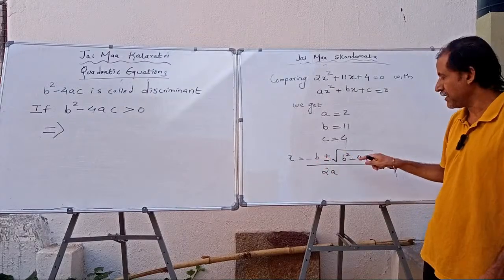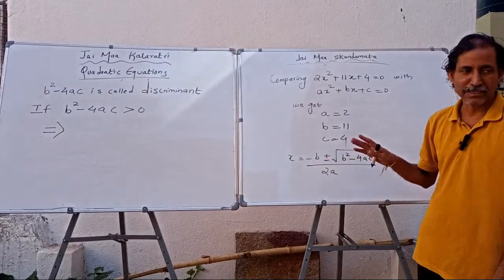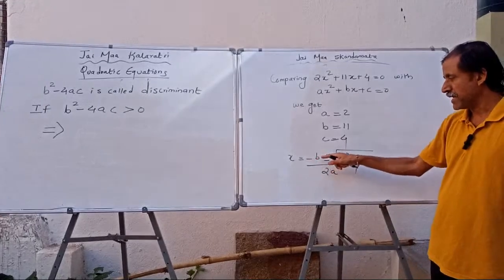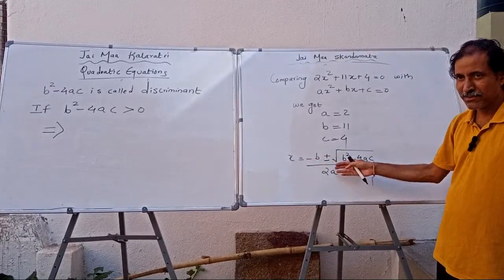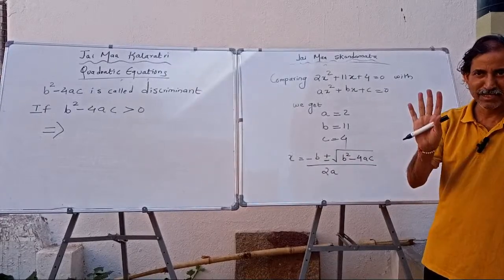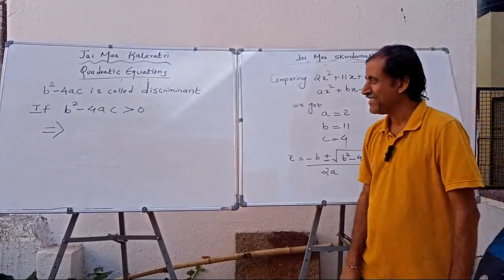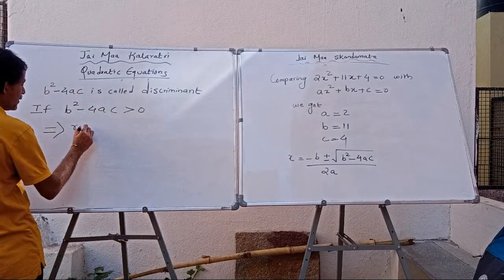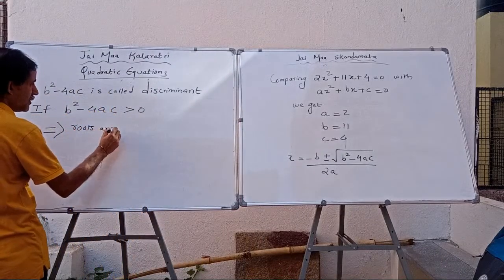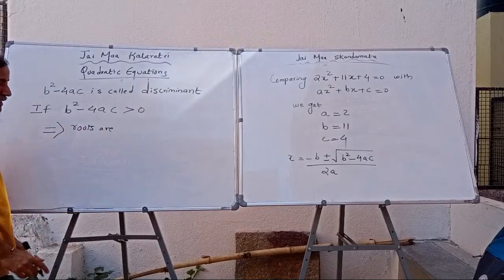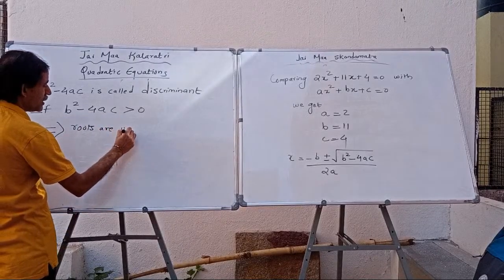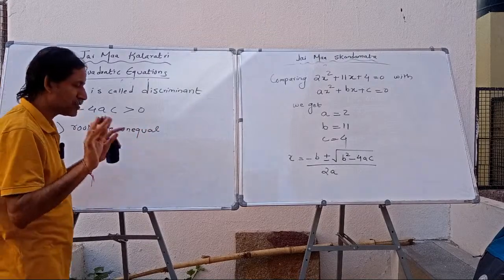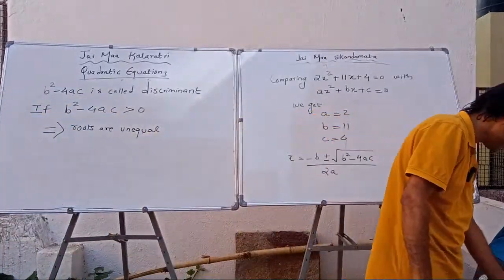Let's say b squared minus 4ac is 100, the square root of 100 is 10. So the answer will be minus b plus 10 by all this, and minus b minus 10 by all this. This implies the roots, meaning the values of x, are unequal, and there are two roots basically.